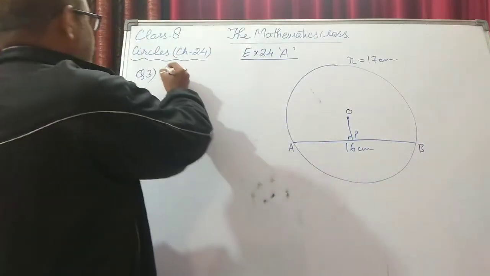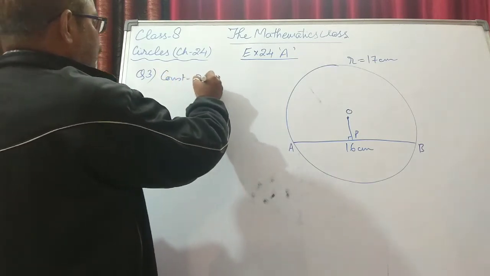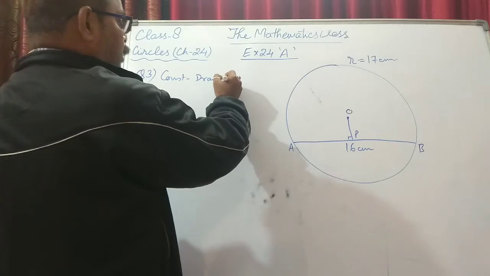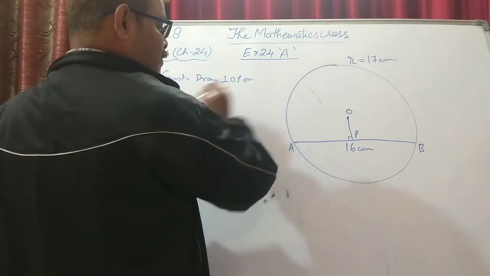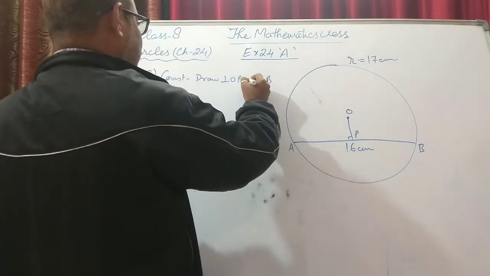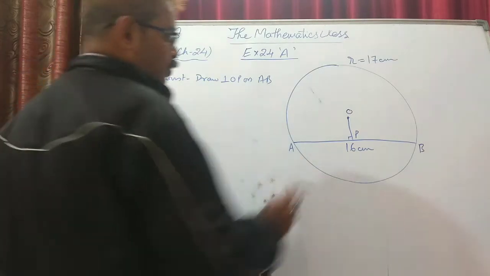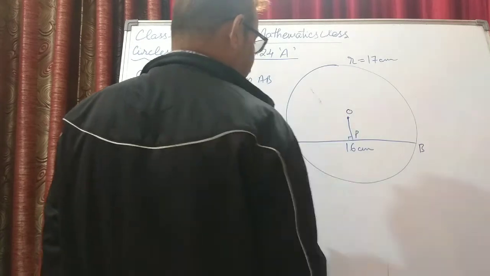So what we are doing, our construction is: draw perpendicular OP on AB. What we have to do, we will draw a perpendicular from O to AB at point P. So this is the perpendicular.